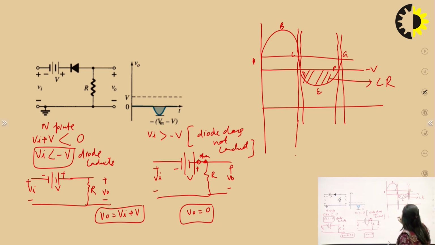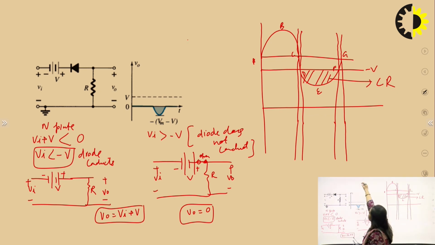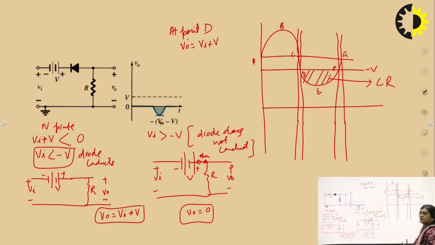Okay, so we can see in the conducting region at point D, output V naught is equal to Vi plus V, because point D is in the conducting region.